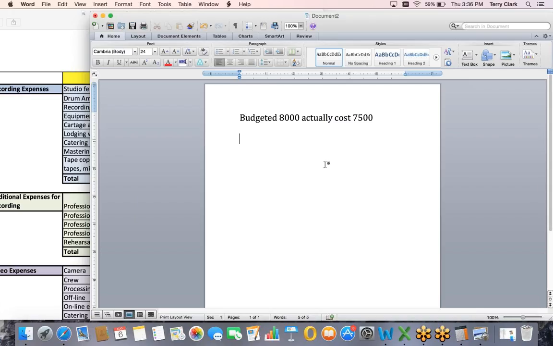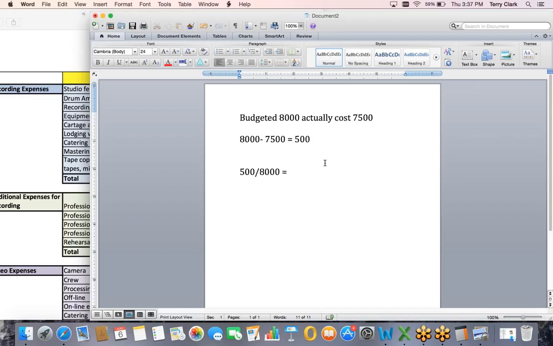To figure out the discount off, we've got to figure out the discount amount. So we're going to say, okay, it costs $8,000 budgeted, and we only spent 7,500. So we got 500 bucks off. Now, that percentage off is going to be the 500 divided by the 8,000.